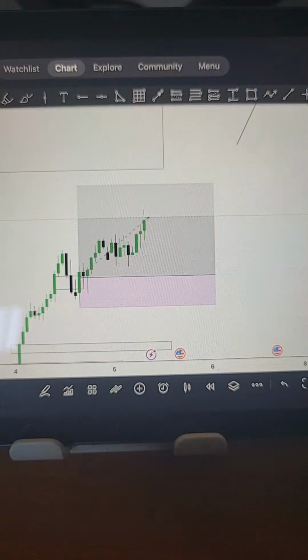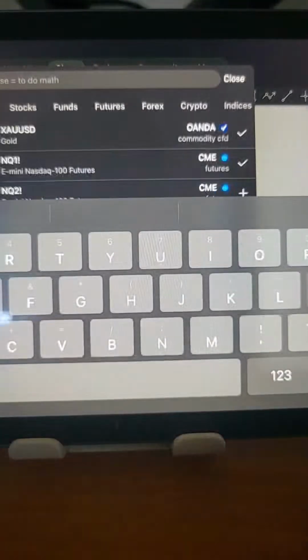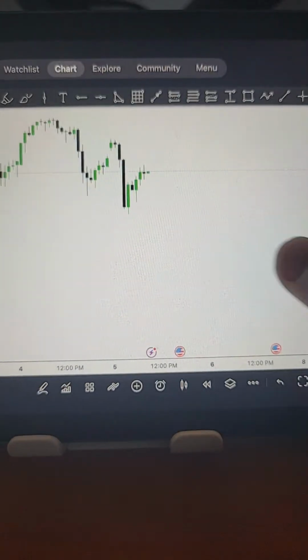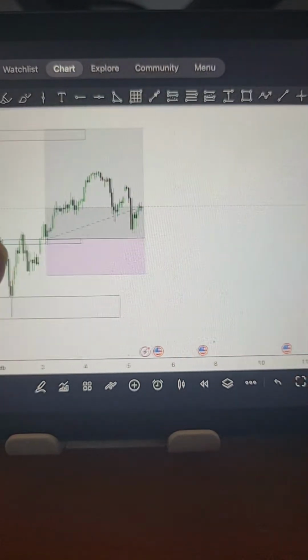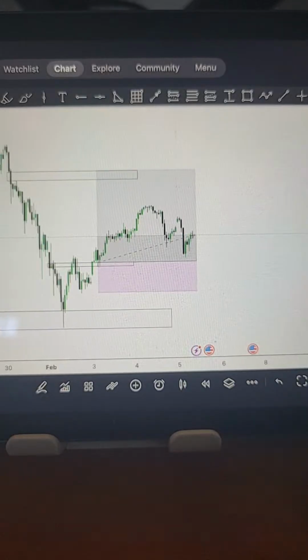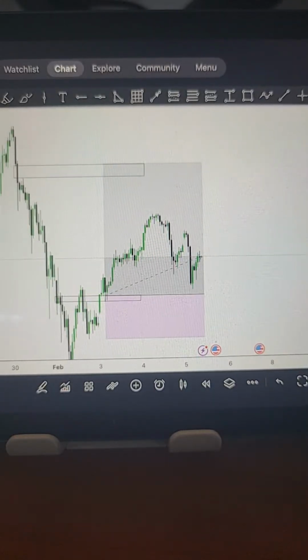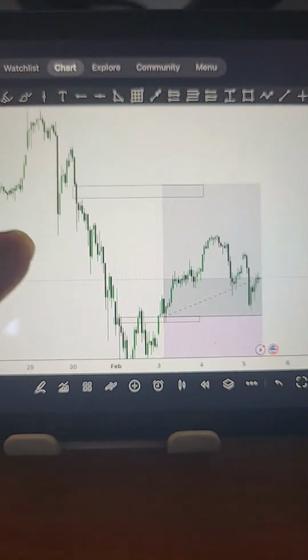Let me check gold. Let me show you what's happening in gold. Look at gold currently. Gold is still going to buy, guys. I'm holding gold to this zone, where there's a strong POI.